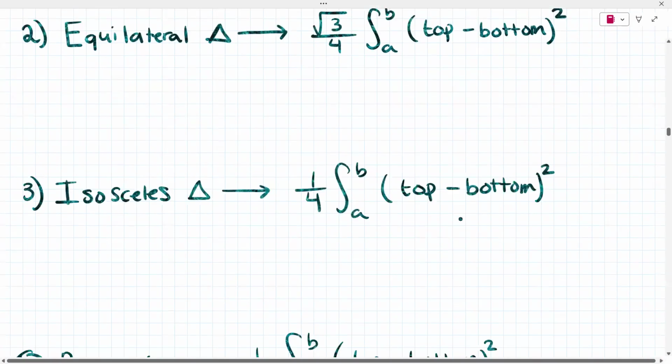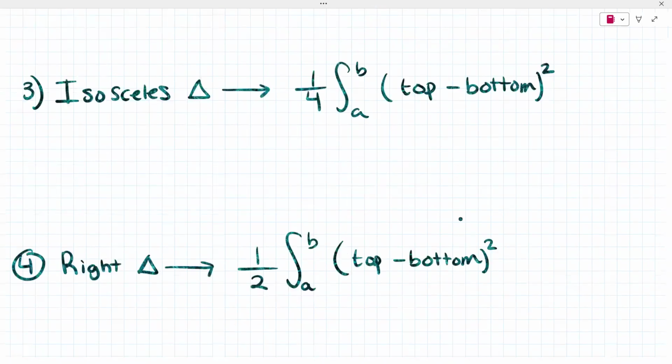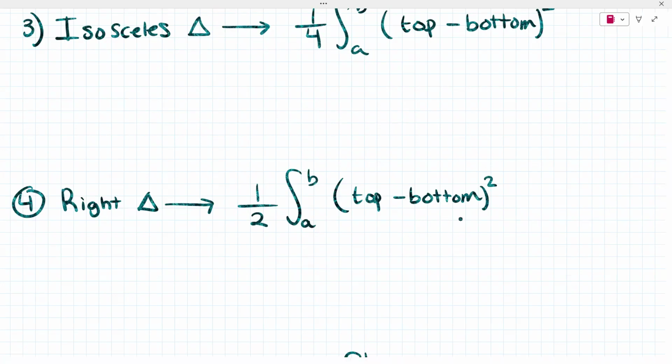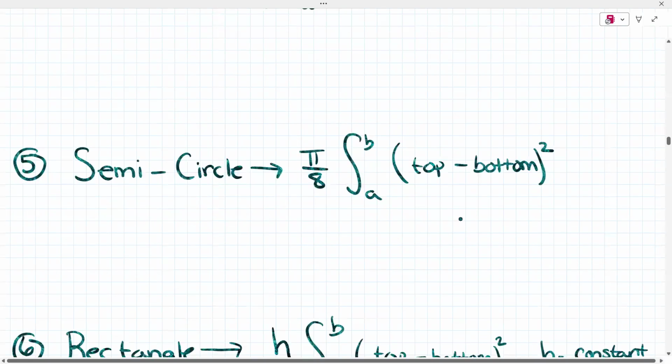If you decide to take an isosceles triangle, it's going to be 1/4 times the integral from a to b of top minus bottom squared. If you decide to take a right triangle, it's going to be 1/2 times the integral from a to b of top minus bottom squared. If you decide to take a semicircle, it's going to be pi over 8 times the integral from a to b of top minus bottom squared.